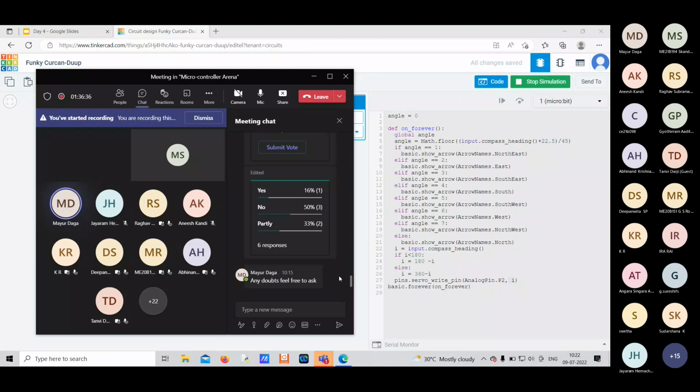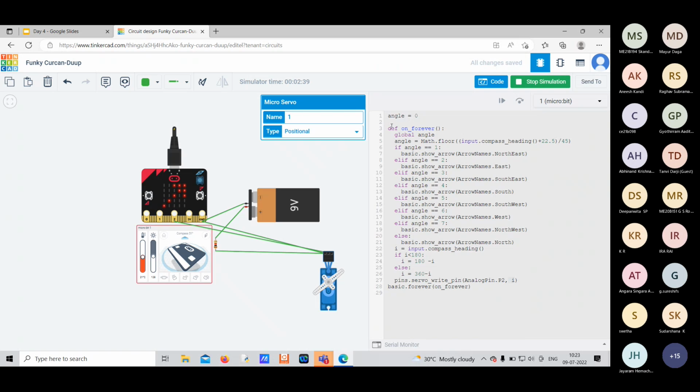Skandan, can you please share that code in the chat? Sure, yeah. I'll share the first code also. If possible, share in WhatsApp as well. Okay.